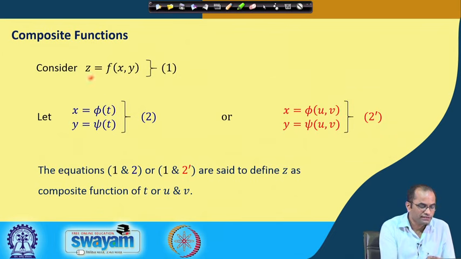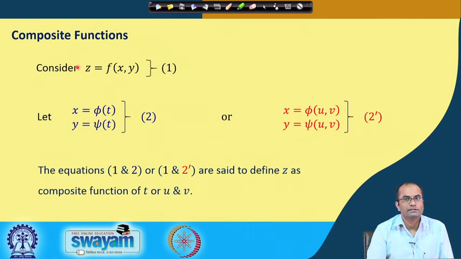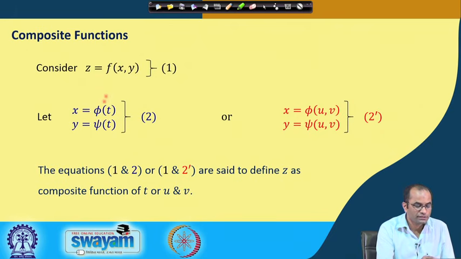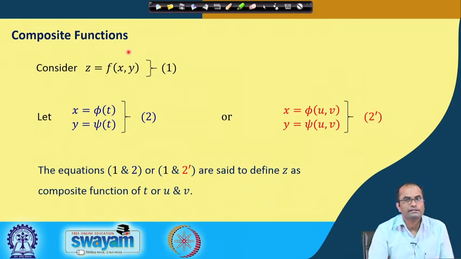So, basically z is a function of t, and then we can define the derivative of z with respect to t directly. We will derive a formula to get the derivative of z without substituting x and y into this function and making it a function of t and then taking the derivative.